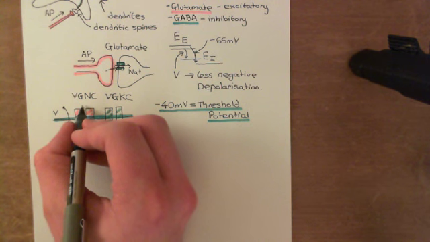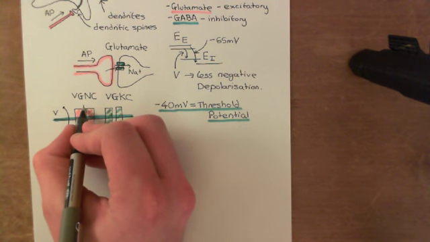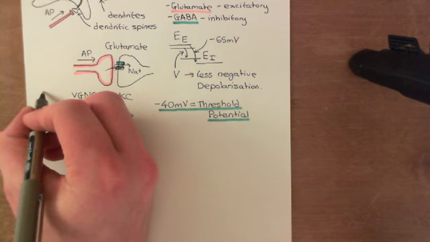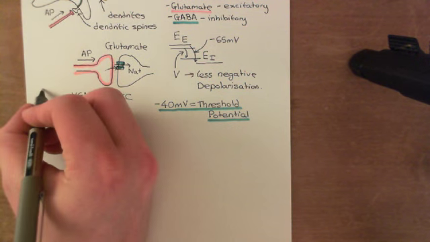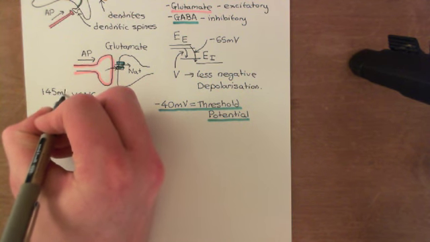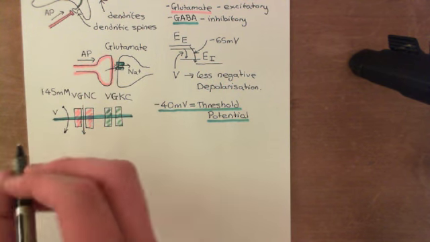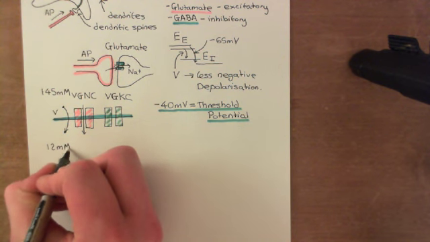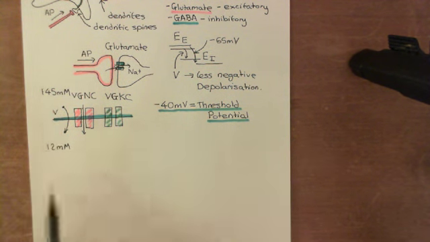Now, sodium's electrochemical gradient favours its movement inwards. Remember the concentration gradient for sodium across the cell membrane is approximately 145 millimolar sodium concentration extracellularly, and then 12 millimolar sodium intracellularly. So approximately a 12-fold gradient favouring the movement of sodium in.